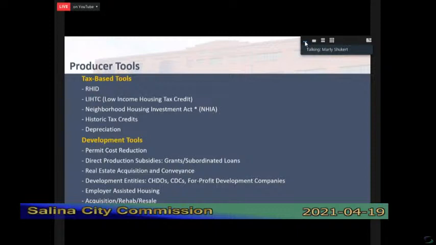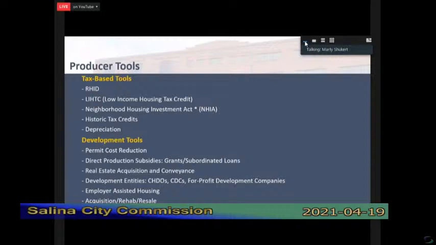There are direct production subsidies, so that involves the actual allocation of cash to a project. That can take the form of grants or subordinated loans. Typically, if there's a public sector loan, it will be subordinated to private debt. So the bank or the private lender is the first mortgage holder, and the public sector is a subordinated loan holder. Payment can be deferred so that it gets repaid, perhaps with interest, at the sale of property or transfer of title.